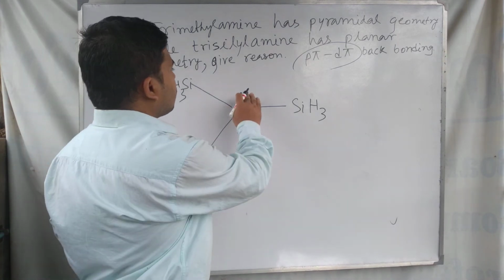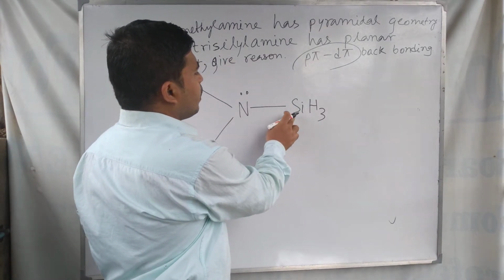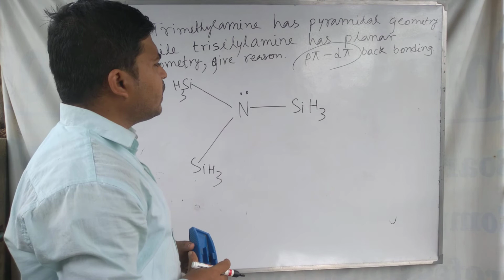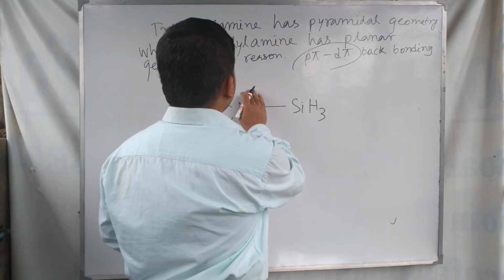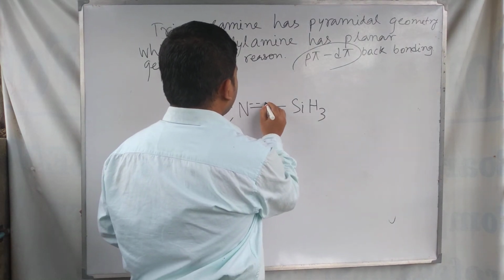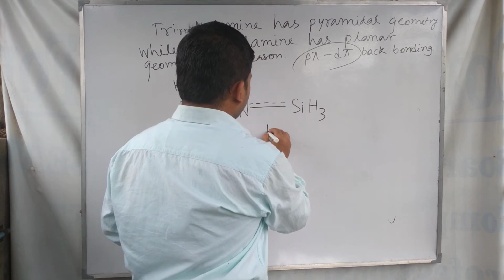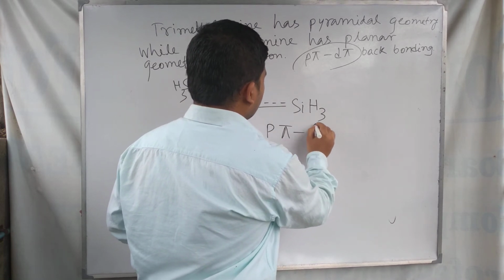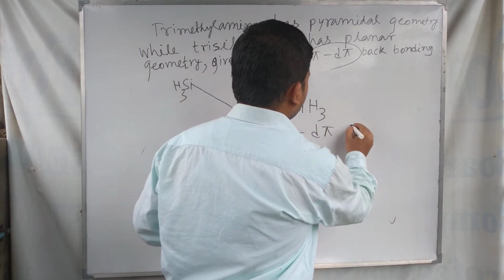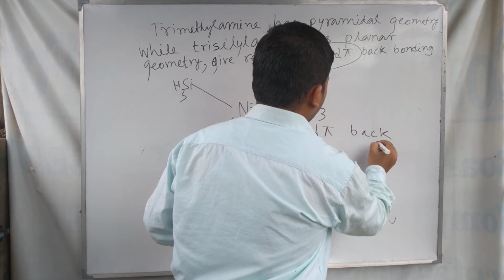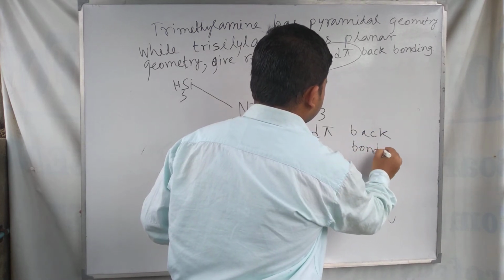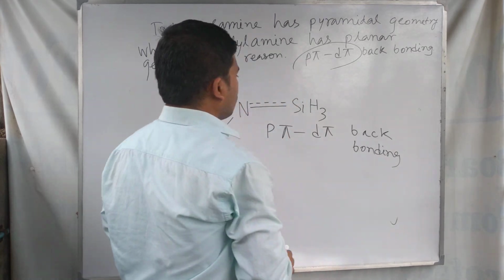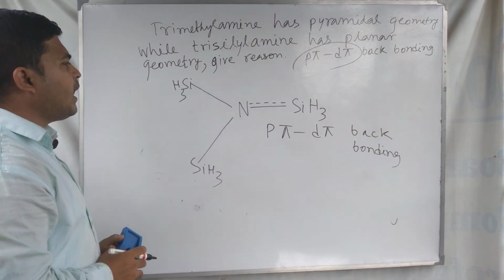Here this lone pair of electrons is donated to the silicon vacant d orbital, and as a result it is forming p pi d pi back bonding.